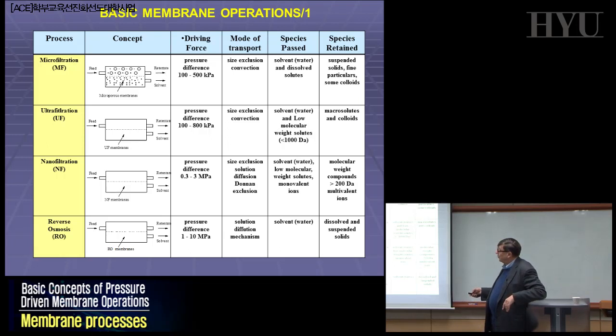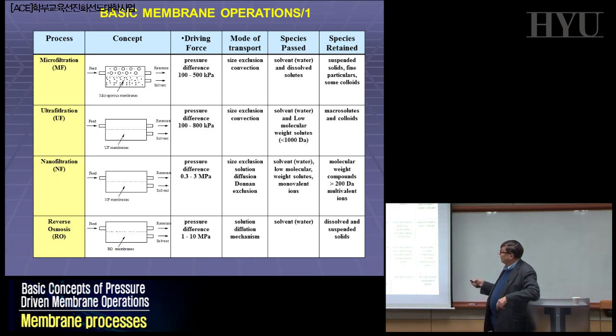When you are going to nanofiltration, the situation starts to change. In nanofiltration, you see the pressure difference much, much smaller. You can arrive, in this case, to 3, 4, 5, 15, 18 atmosphere, from 0.3 to 3 megapascal.